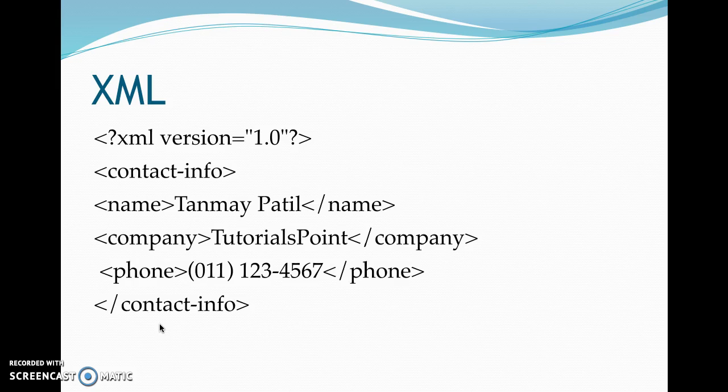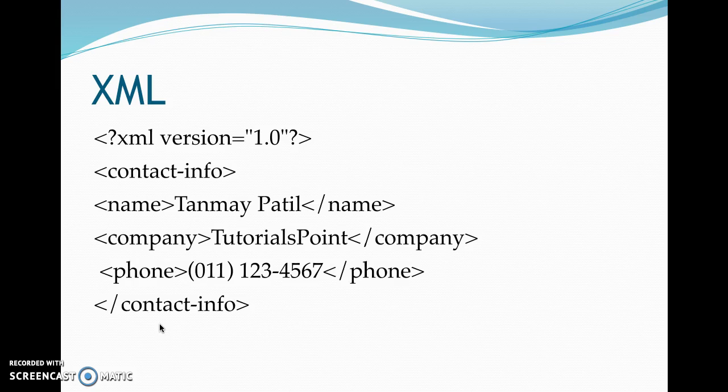As we can see, it started with contact info and it ends with a contact info tag with a slash in between, after the greater than symbol. By repeating this, we can define the contact info of many persons one by one.